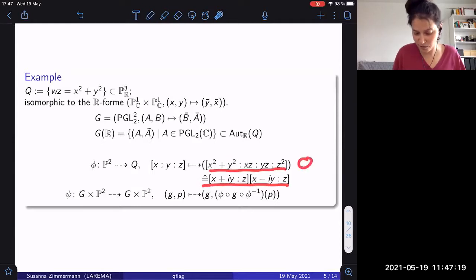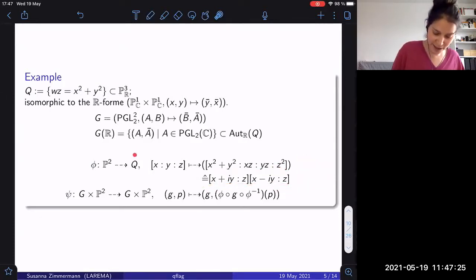So from here you go from P1 cross P1. And my G acts on Q. I conjugate it and I get the birational action on P2.